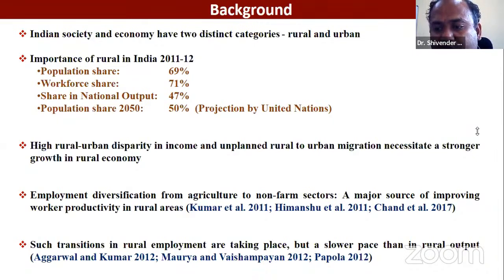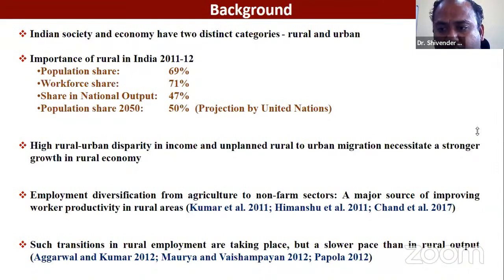Similarly, about 71% of the total workforce in the country resides in rural areas. And rural areas contribute about 47%, about half of the national output, in both agricultural and non-agricultural products. The United Nations projected that even up to the year 2050, about half of the population will be living in rural areas in India. After that, the share of urban areas will increase.